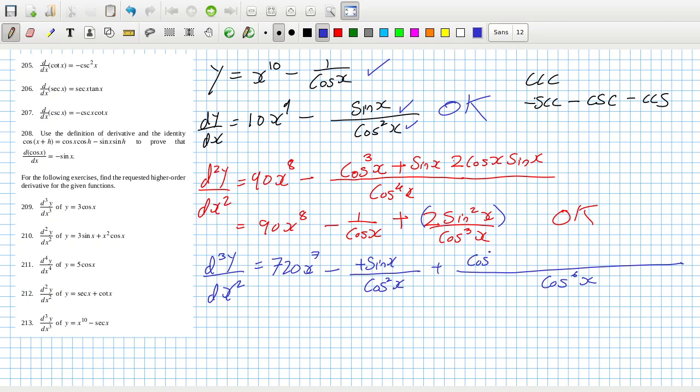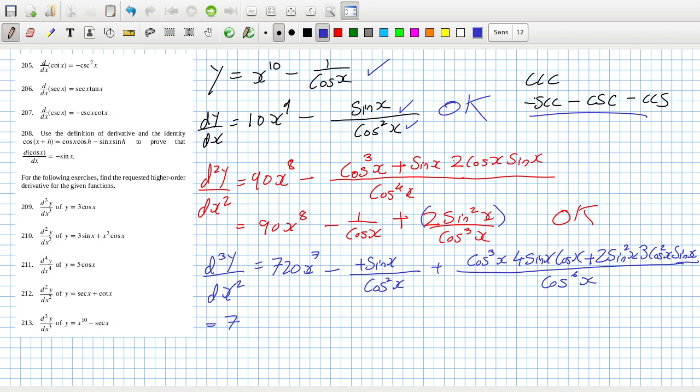The bottom times the root of the top, like I was saying earlier. And the root of the top will be 4 sine x cos x minus the top times the root of the bottom, which will be 3 cos squared x minus sine x.